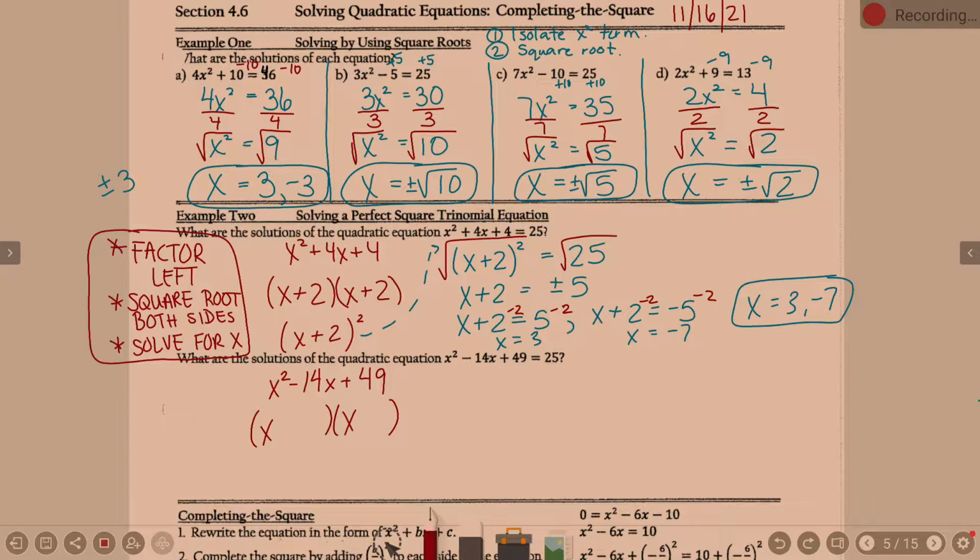And guess what? 7 plus 7 is 14. Now, how do I get this to make negative 14? You need both numbers negative, right? The easiest math. So, how can x minus 7 times x minus 7 be written? Okay. So, x minus 7 squared.